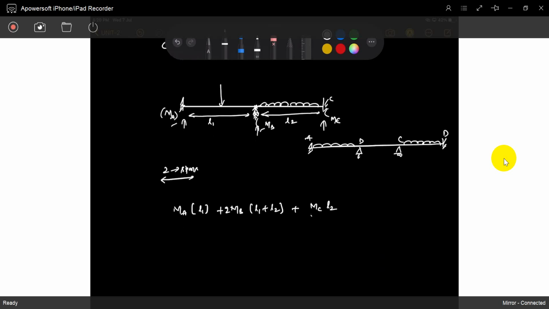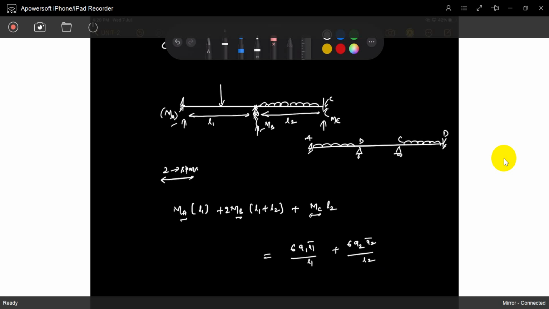MA, MB and MC are the fixed end moments, equal to 6A1X1 divided by L1 plus 6A2X2 divided by L2.